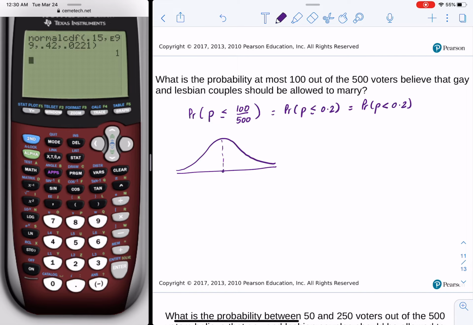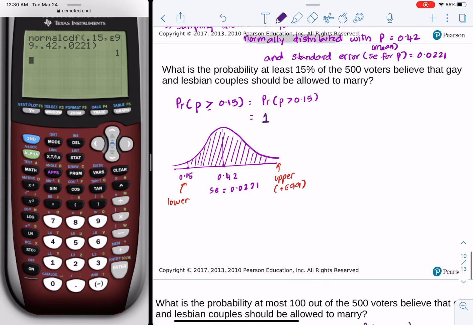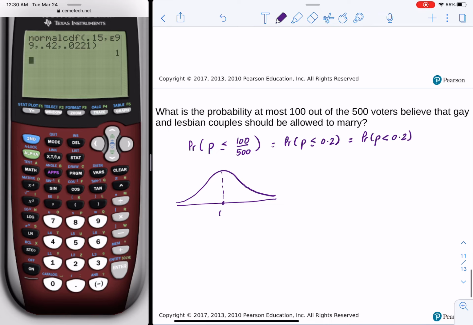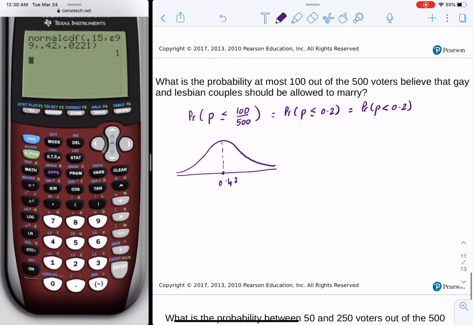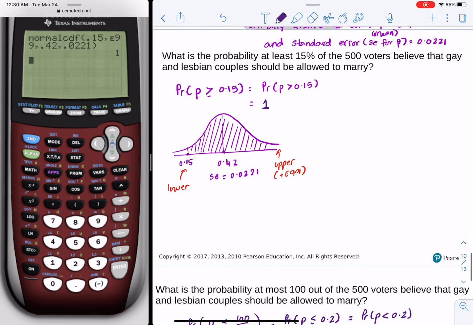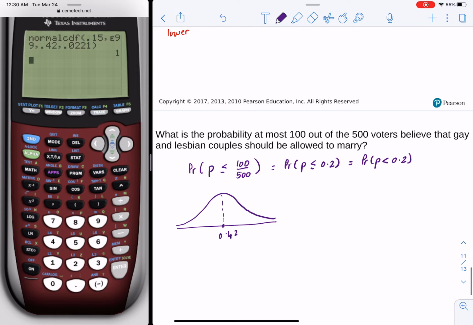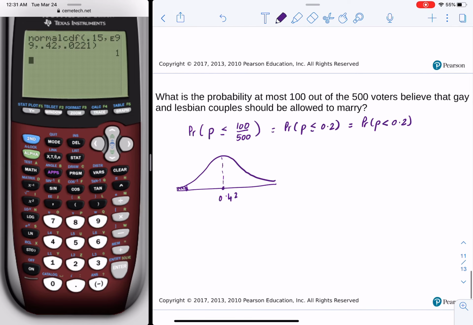So there we have a bell curve, and we have 0.42, and the standard error is 0.02, which would mean 0.2 somewhere over there.